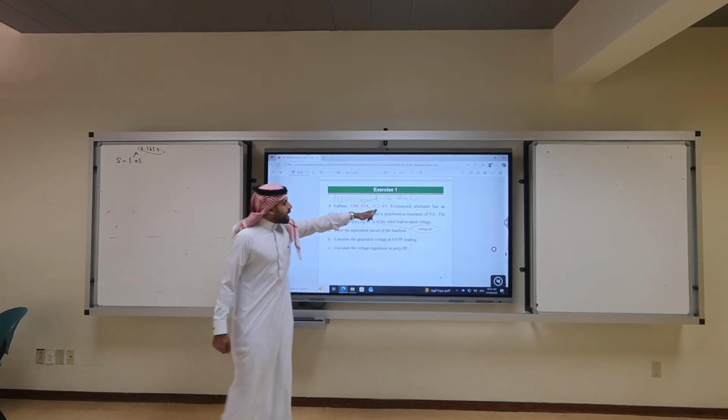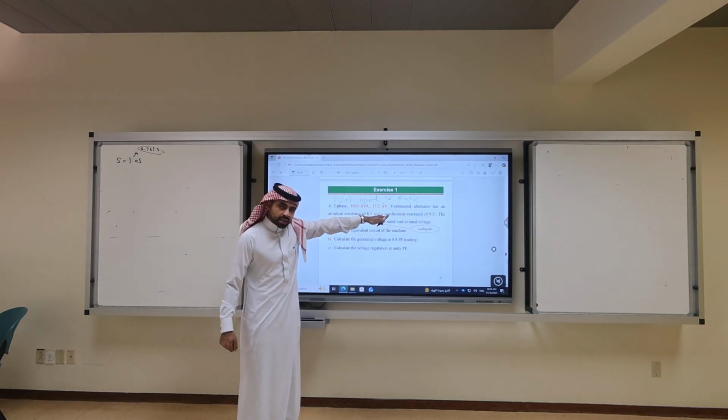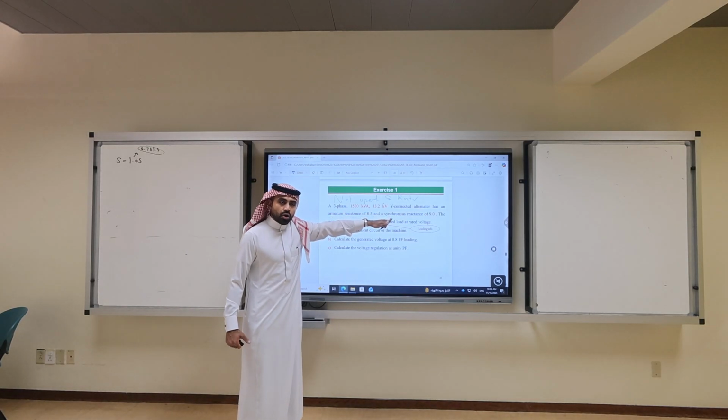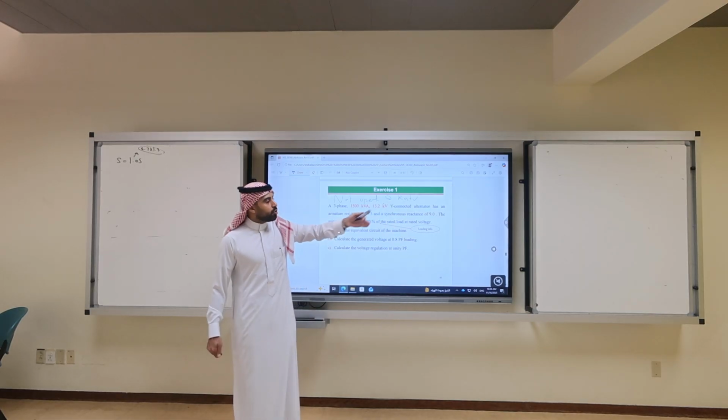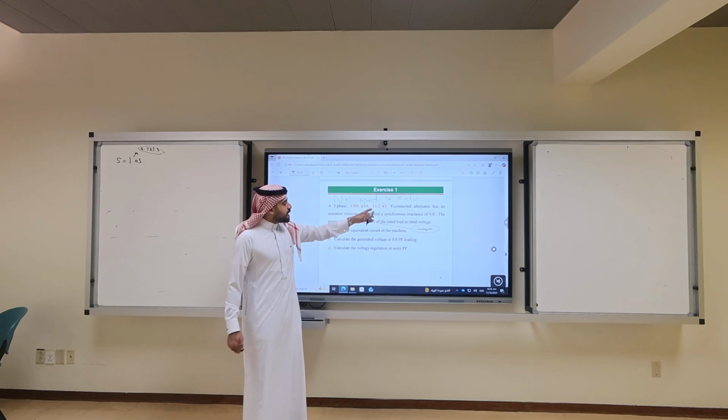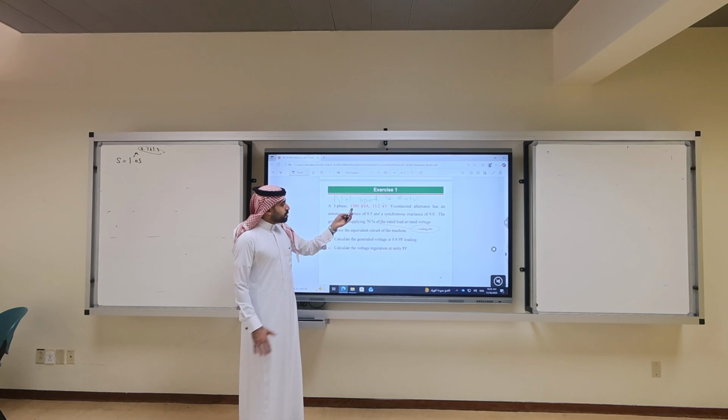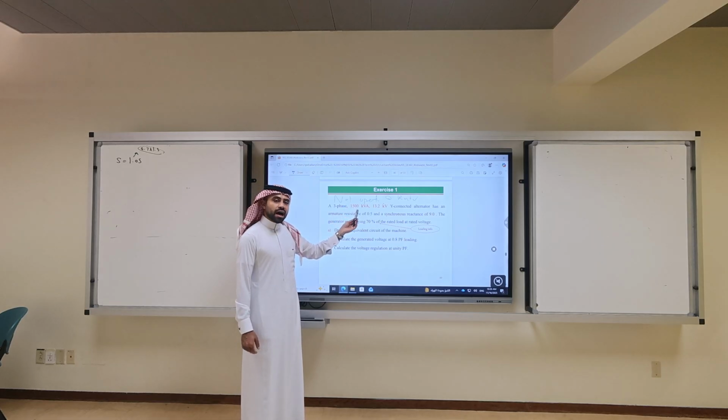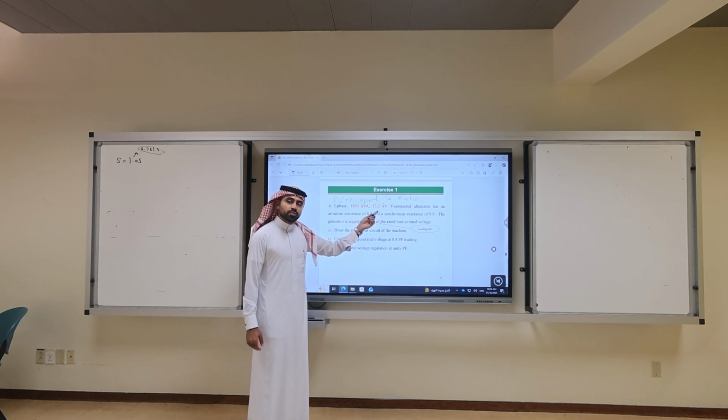Everything else is, can we keep the voltage the same? Yes. Generator always keeps its nameplate voltage. What is the point of putting a generator and telling people it's 13.2? When you sell this generator, you tell the customer, you can load it up to 1.5 MVA, but it will give you always 13.2 line to line.